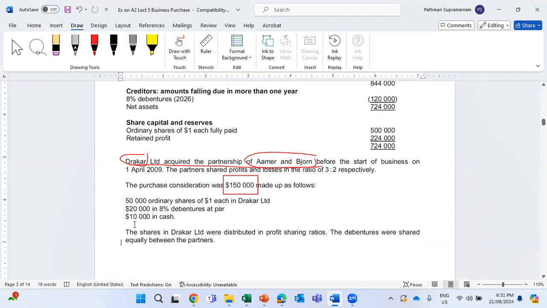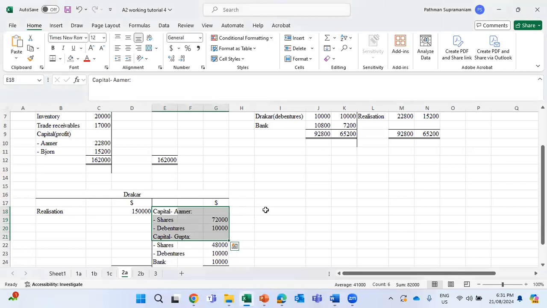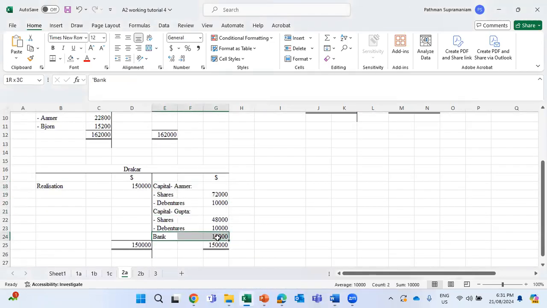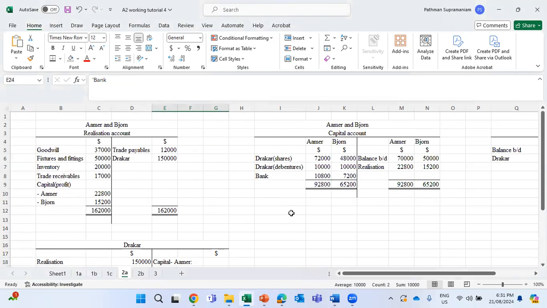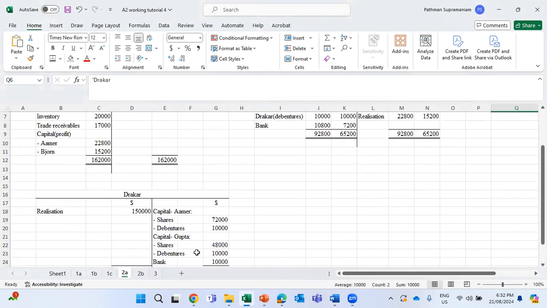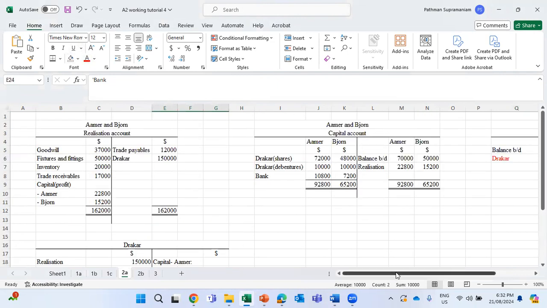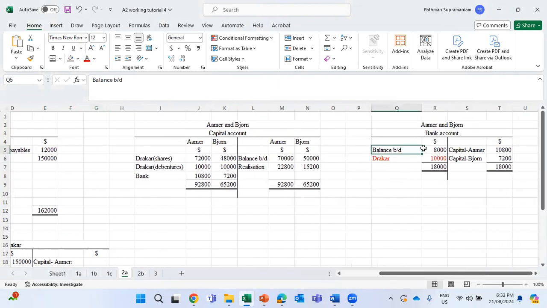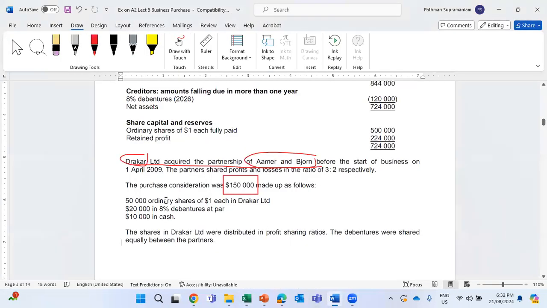Now the buyer pays $10,000 in cash. So what we do is credit Reka, who's the buyer, and debit the bank account, 10,000, not forgetting to put the opening balance. Then $20,000 debentures at par.